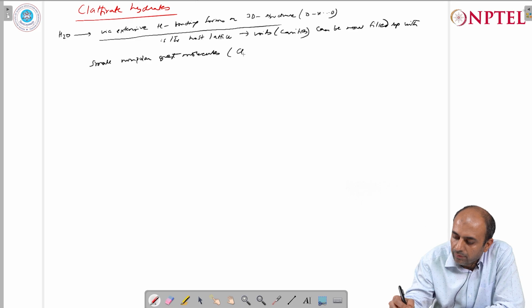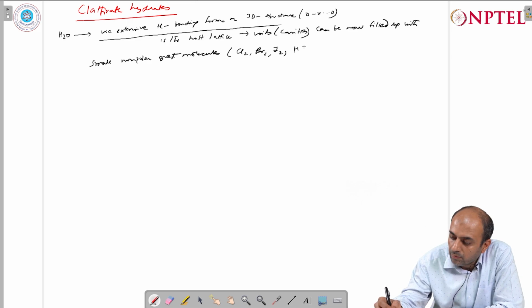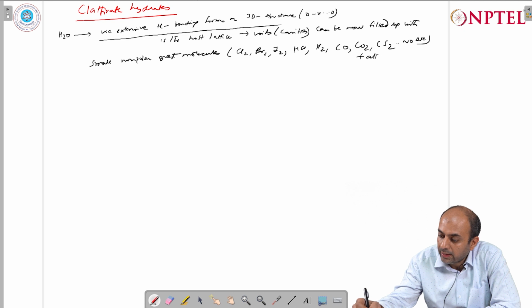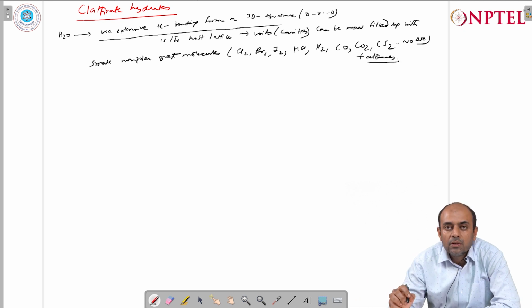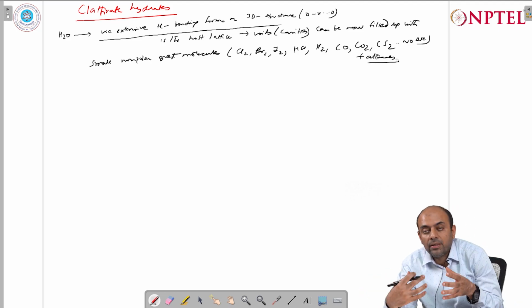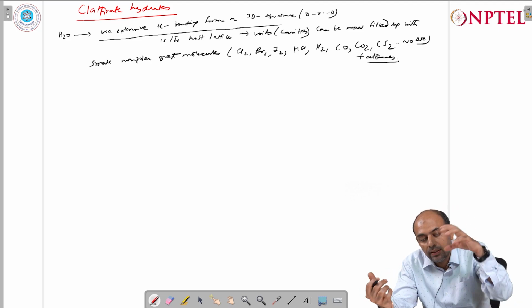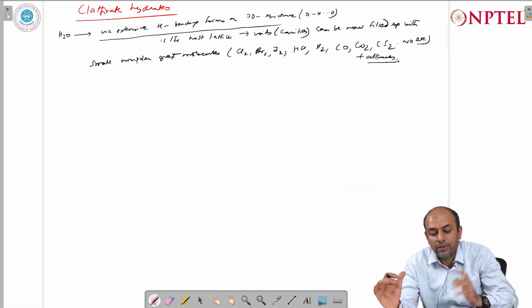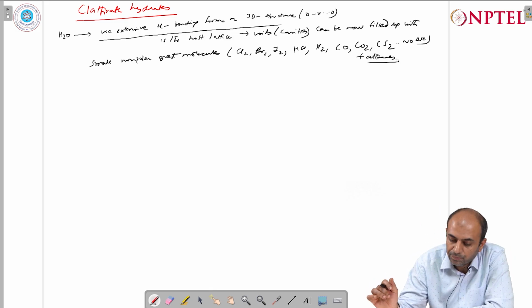For example, we can have chlorine, bromine, iodine, HCl, hydrogen, carbon monoxide, carbon dioxide, carbon disulfide, NO, etc. Plus, and very importantly, alkanes also. Small size alkanes, for example, methane, ethane, propane, butane. So all the spectrum of very small molecules can now be included in the host structure which is formed by extensive hydrogen bonding of the water molecules.